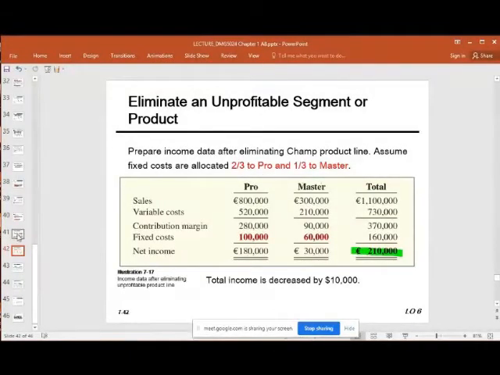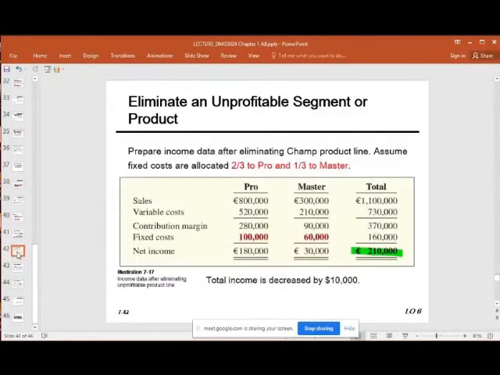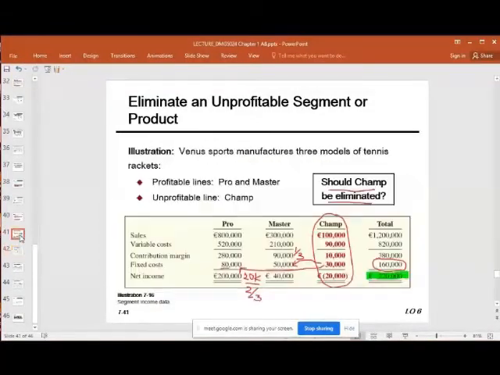So I just compare with CHAM is 220,000, without CHAM is 210, the financial statement. So if I just look at it, of course, with CHAM will be better. So looking at this financial statement, of course, the decision will be to continue CHAM.